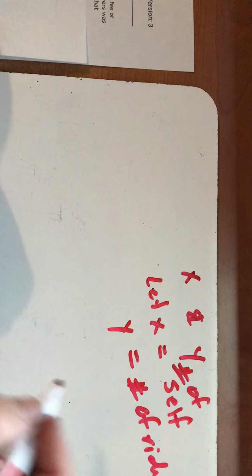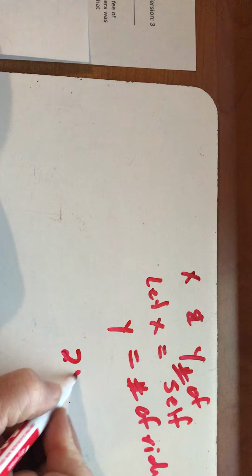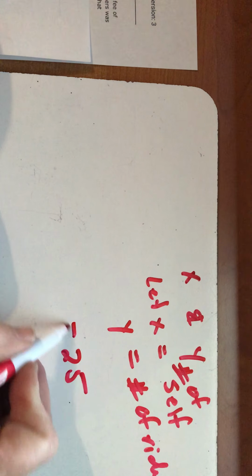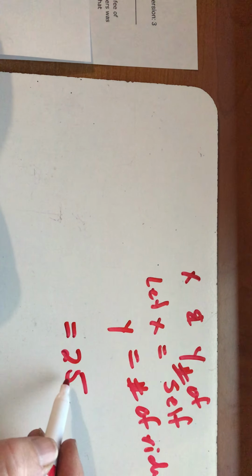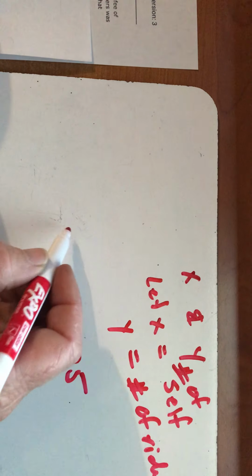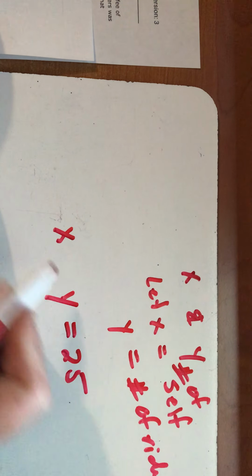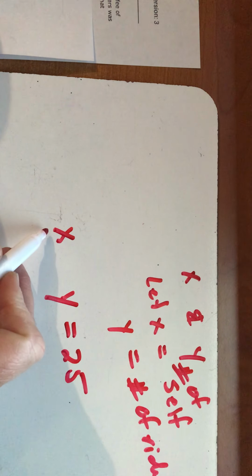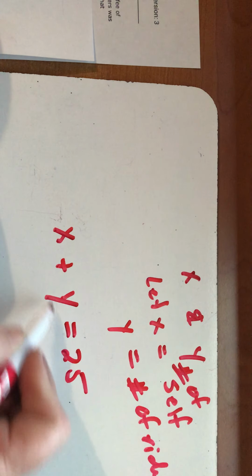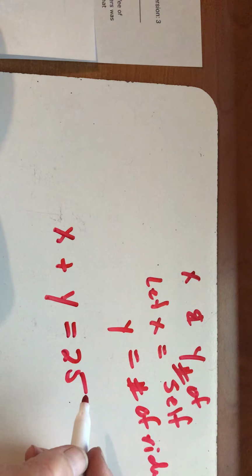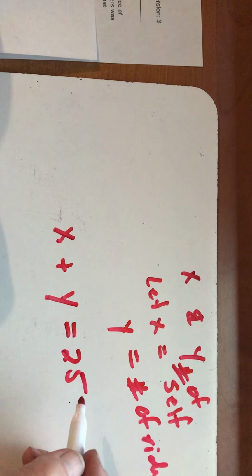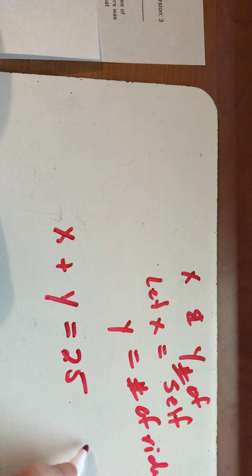So in one day, he rented out 25 of these. Those 25 pieces of machinery consisted of self-propelled mowers and riding mowers. So however many of these plus however many of these is going to be a total. So that is your counting.